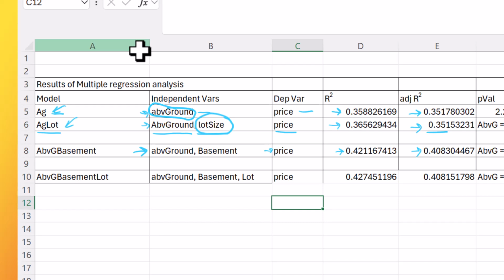When I added in basement in addition to the above ground variable, my adjusted R squared went up quite a bit, by about 0.05. This tells me that because my adjusted R squared did a very significant jump, or really any jump, this is saying, yeah, you're making your model more complex with this basement variable, but you are definitely getting a significant return on the investment. You're able to explain a very significant amount of the variance in your model.